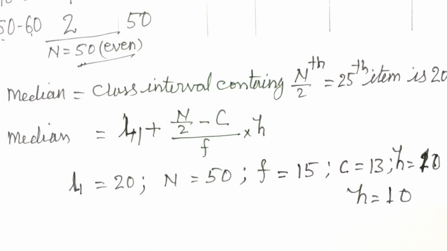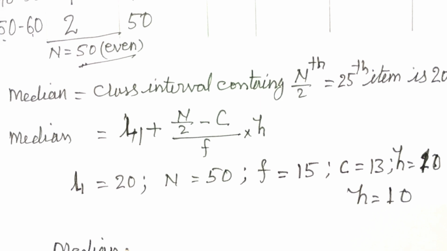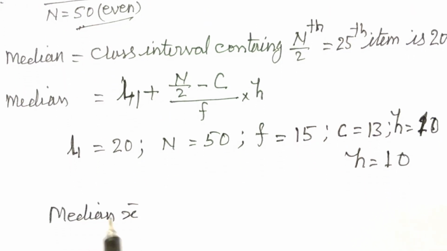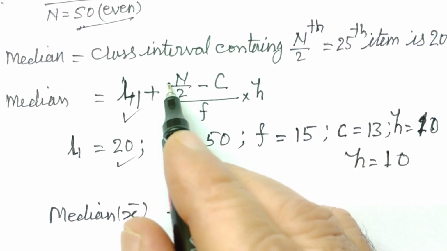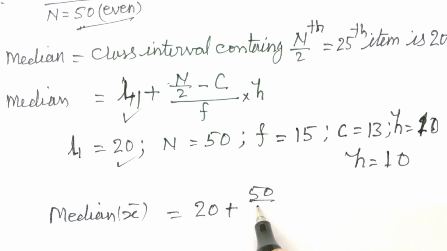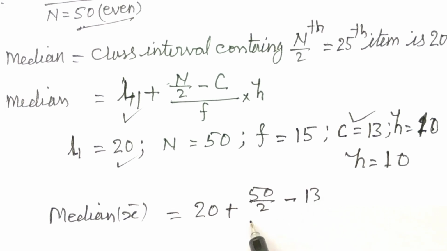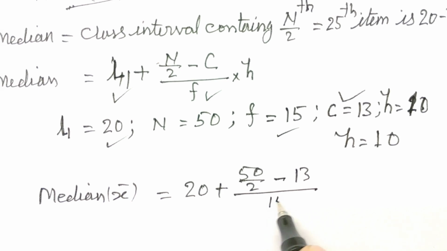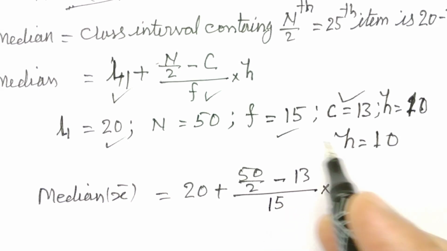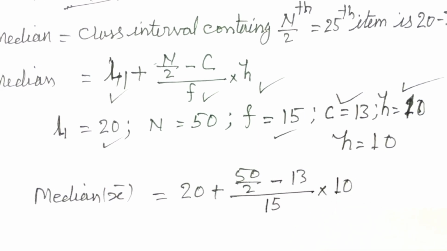Now we will find the median using this formula, denoted by x bar. Median denoted by x bar is equal to L1 20 plus n by 2, 50 by 2, minus C is 13, over f is 15, into h is 10, right?